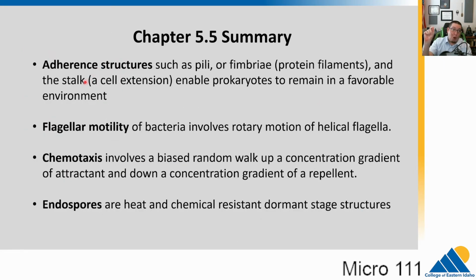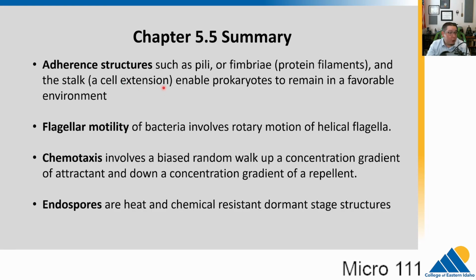That's just a small smattering of the different structures that bacteria can make. They have a whole other specialized group like thylakoids and things like that, but we're not going to get into those. The main thing is that bacteria need to make structures to adhere, pili and fimbriae. These are protein filaments, or they can make stalks, which are extensions of the cell membrane.